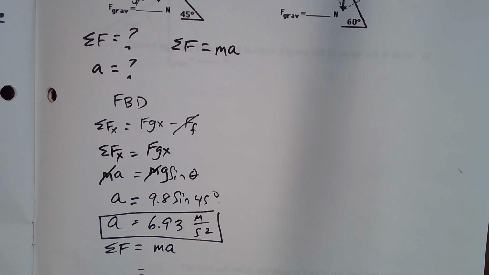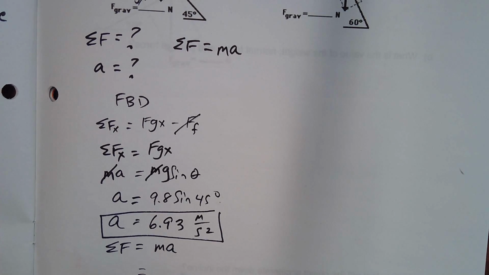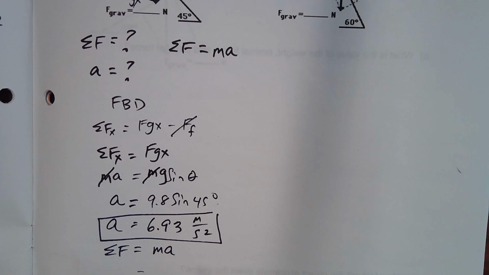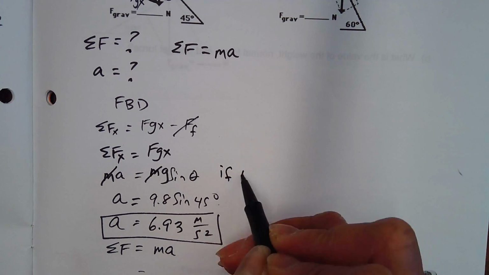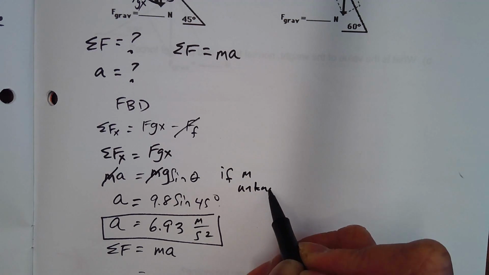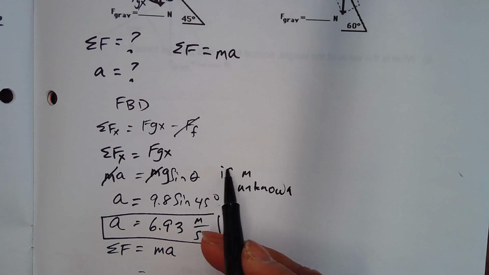We have the acceleration. How do we find the net force in this case? Oh, wait a second, mass is actually given. This is only if m is unknown, you can cancel the mass.